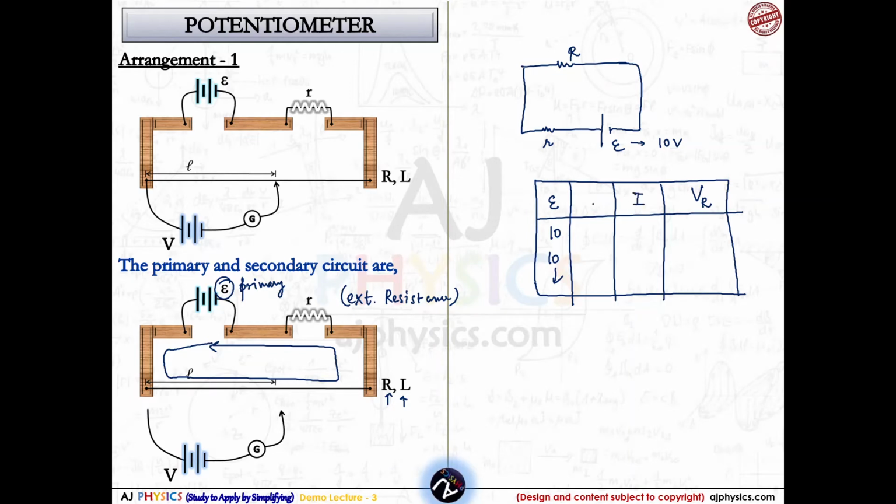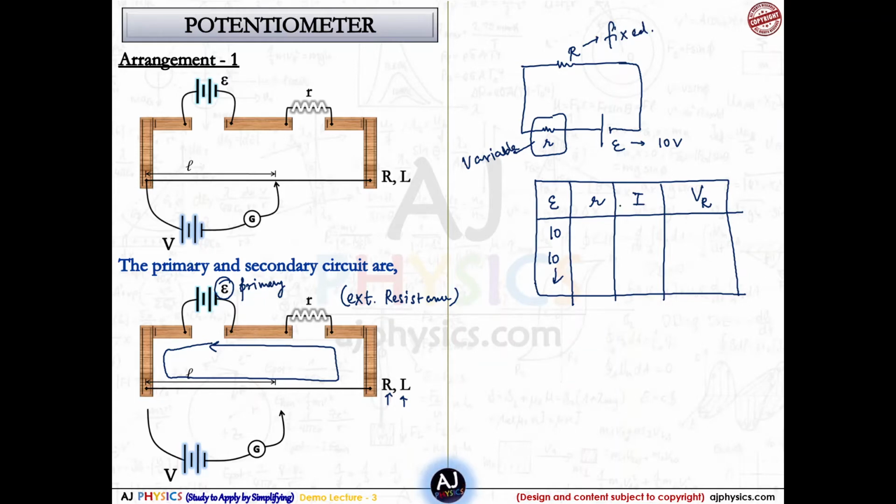Try to keep this R as a variable resistance, and keep small r fixed, whatever you have applied in the beginning. Don't change this one.